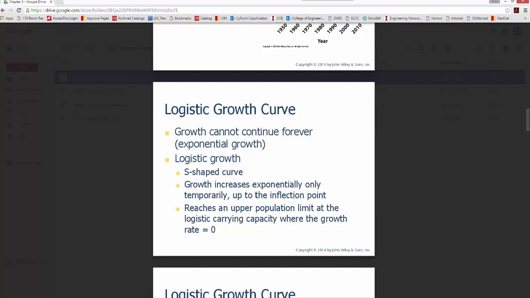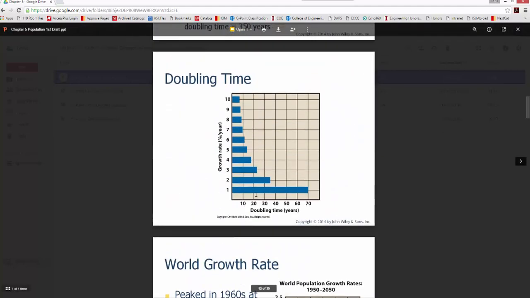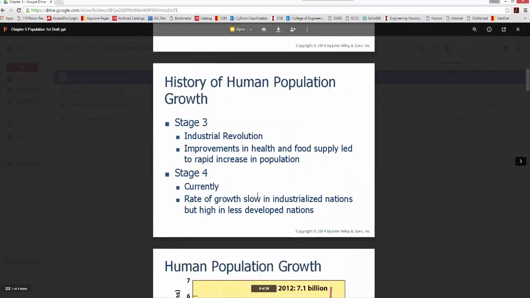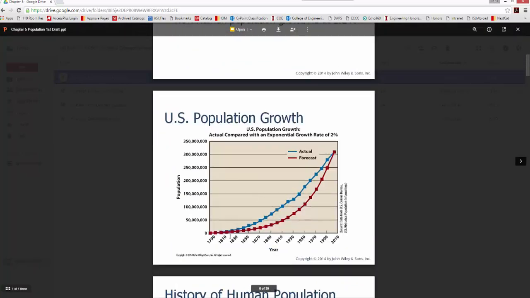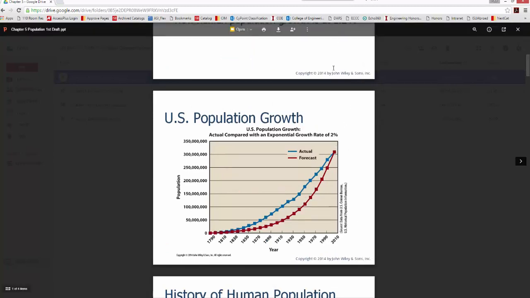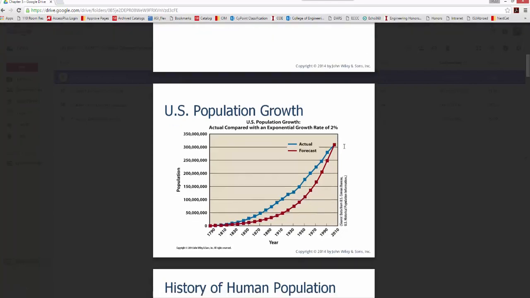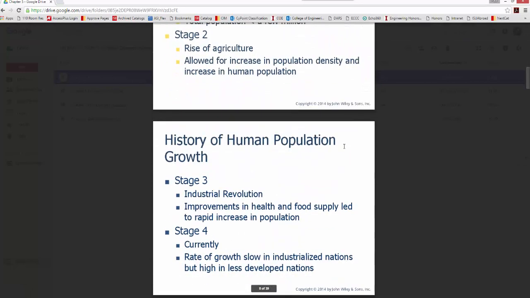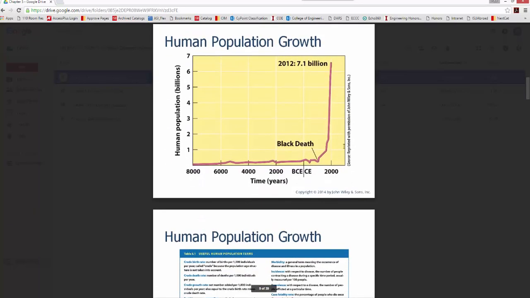What the logistic growth curve shows is that growth cannot continue forever. If we go back to the exponential growth forecast, it just continues to grow and grow forever. And obviously, our Earth cannot maintain unchecked growth forever. We have finite resources on Earth.